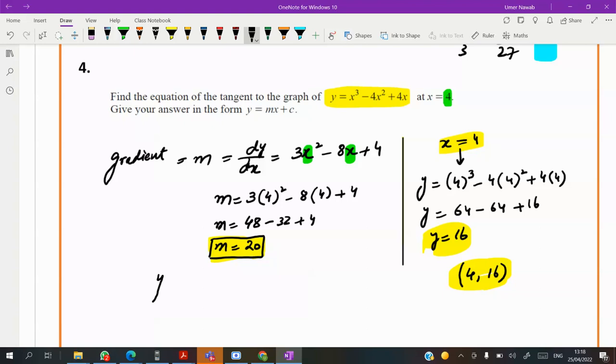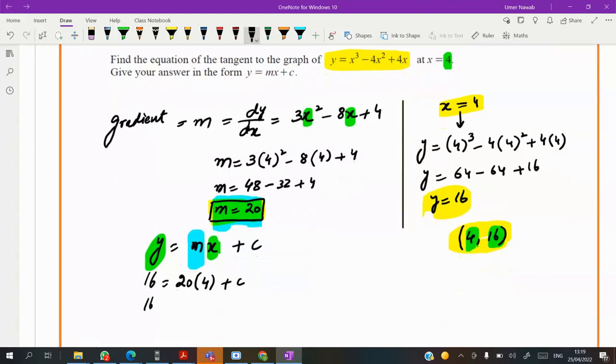So y equals mx plus c. In the place of y and x, we substitute the y coordinate and the x coordinate. So y is 16, m is 20, bracket open, and x is 4, plus c.